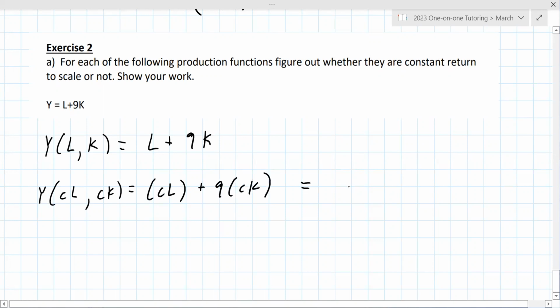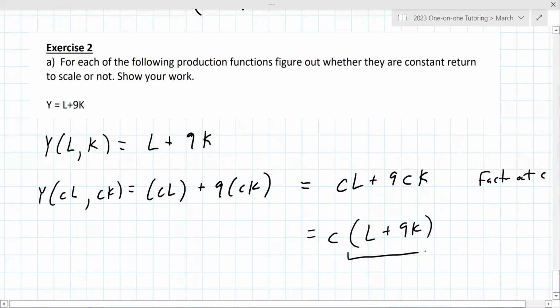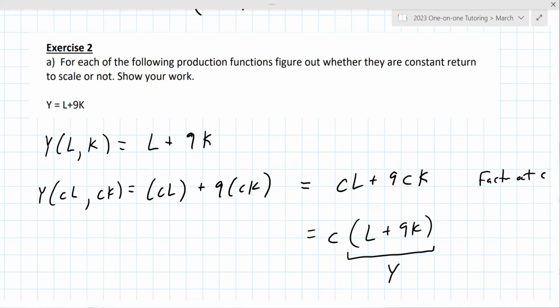And then you can factor out a C. If this is the original, then it is constant returns to scale.